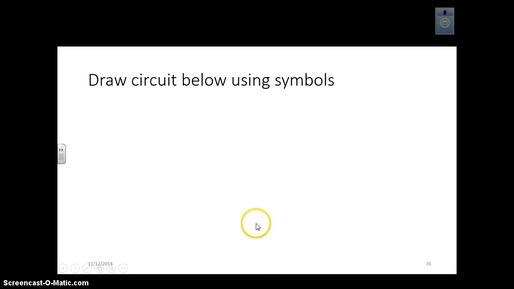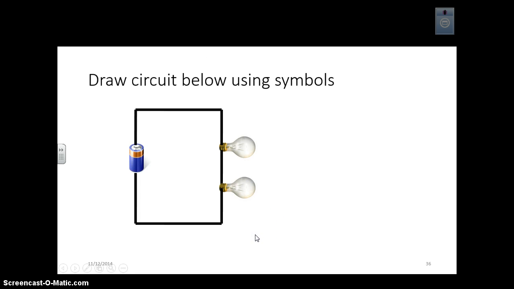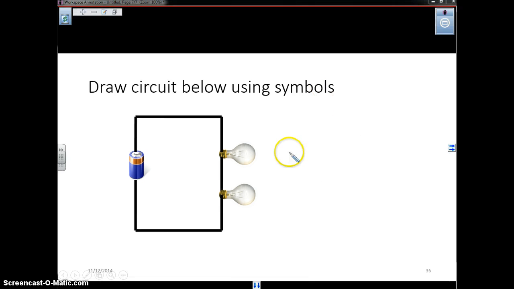So here's an example, right? If I want to draw this circuit using just the symbols, it's going to look something like this. A battery, notice the positive end here and the negative end here, would look like this. That's the battery. And then we like to draw it boxy, so the wires are just going to be straight lines. And then I'm going to draw the light bulb.